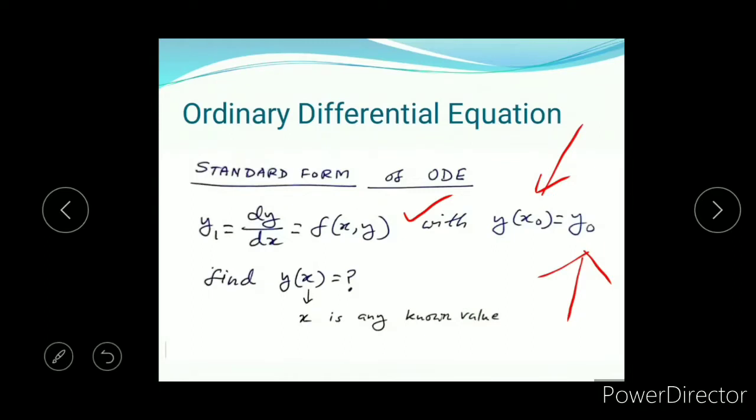So at x0 the value of y is y0. And we have to find y(x), that is, y for another instance of x. Here the initial instance is x0 with y(x0), and we have to find y(x). Here this x will be another instance of x, so it may be x1, x2, x3 and so on.